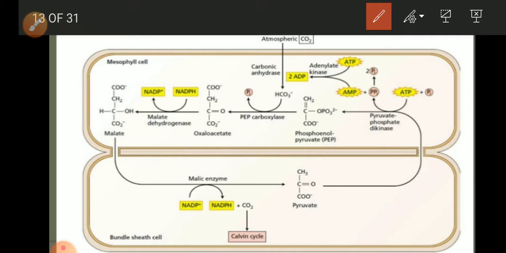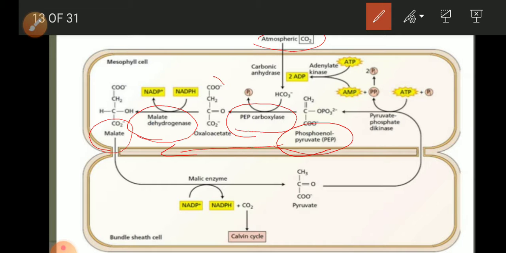Carbon dioxide from the atmosphere comes into the chloroplast in the mesophyll, where phosphoenol pyruvate carboxylase is the enzyme which converts phosphoenol pyruvate into oxaloacetate. Oxaloacetate, in the presence of malate dehydrogenase as well as NADPH, will be oxidized into NADP and converted into malate.